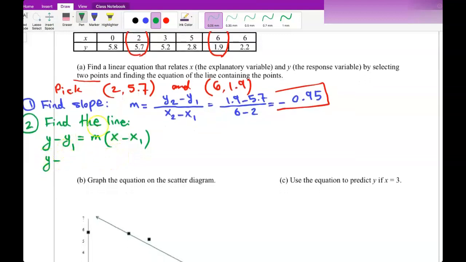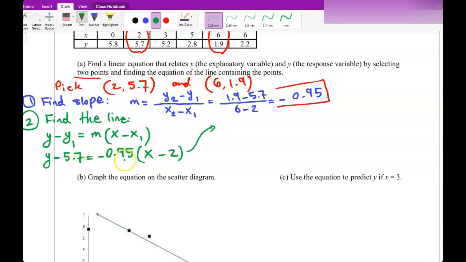So y minus y1, which is 5.7, equal to the slope, negative 0.95, multiplied by x minus x1, which is 2. Okay, so this one was point-slope form.